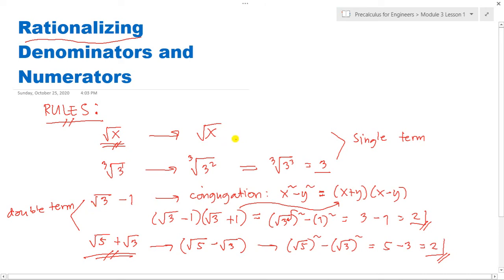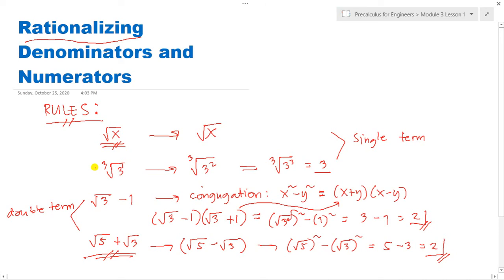Kasi sa single term lang, so again, remember, for single term, just multiply a factor to your radicand para yung exponent niya is magiging equal na sa index. For a double term class, just use the conjugation property, yung difference of two squares, yung x squared minus y squared is equal to x plus y, x minus y.